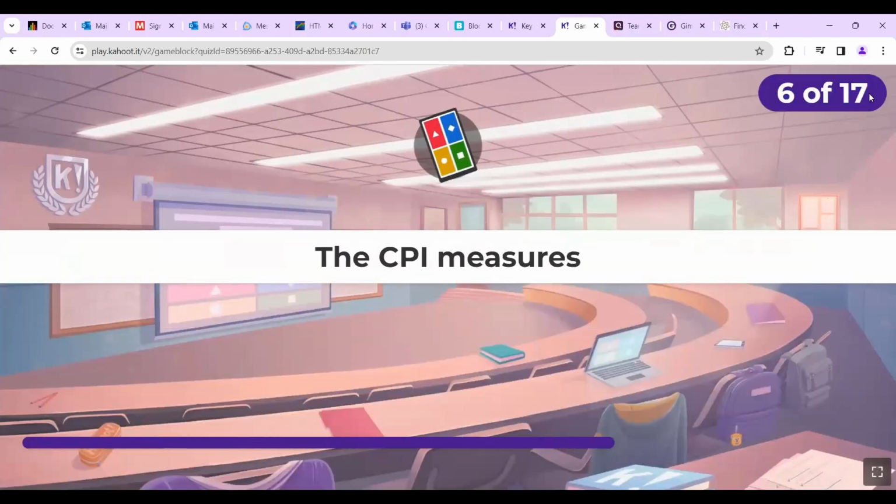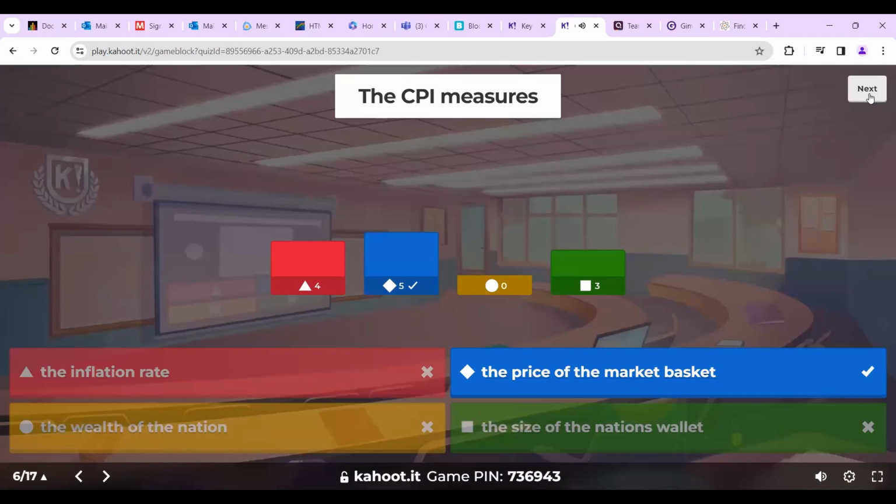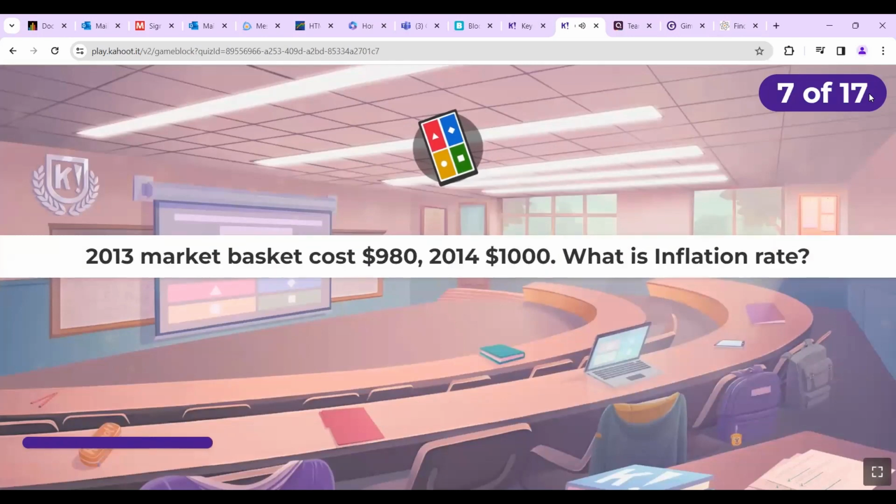CPI measures what? The price of the market basket, yes. 2013 market basket cost $980, 2014 $1,000.